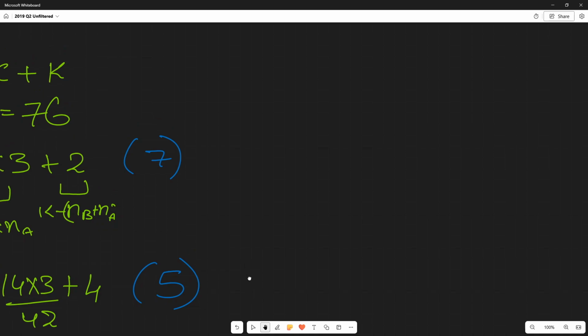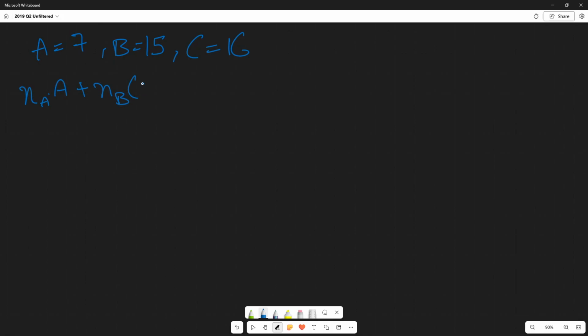We got the idea of the problem, so that's not a problem right now. A equals 7, B equals 15, C equals 16, and it should be such that n of A into A plus n of B into B plus n of C into C plus A minus 2 times n of A plus n of B plus n of C is 76, right?